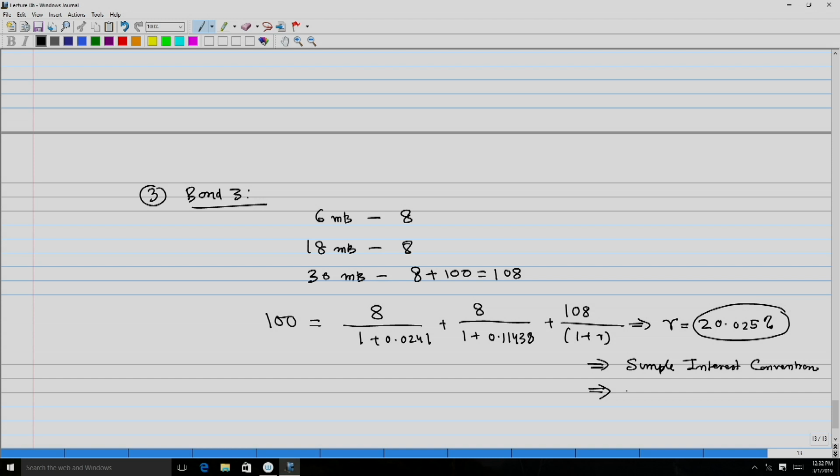Therefore, under the simple interest convention, the annual rate R 30 M is equal to R into 2/5, and this is going to be 8.010%.